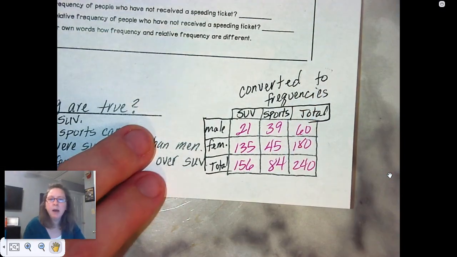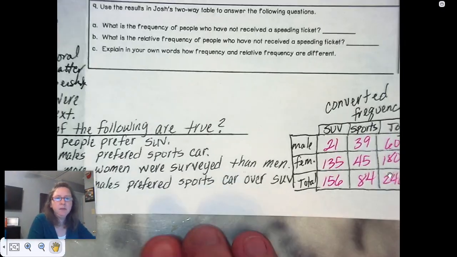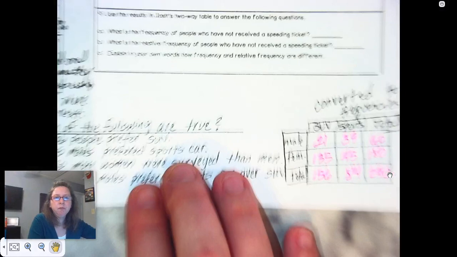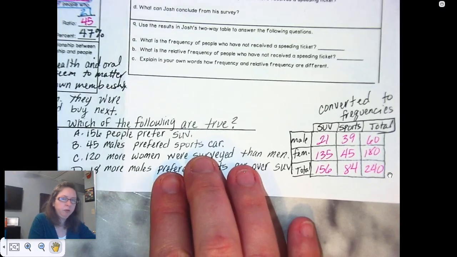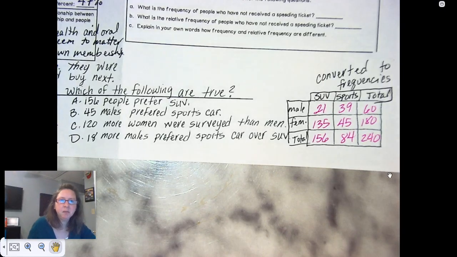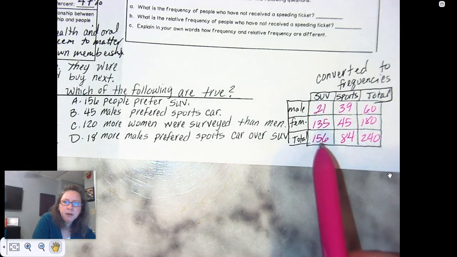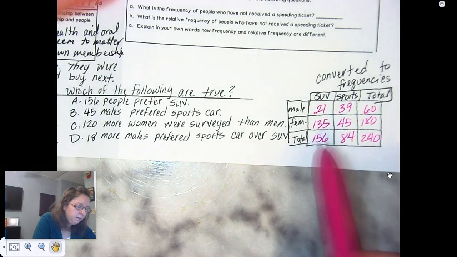All right, and now I have my frequency table. Now, let's see if we can answer these four true or false questions. 156 people prefer SUVs. So here's SUVs, here's the total of people, and this is true.